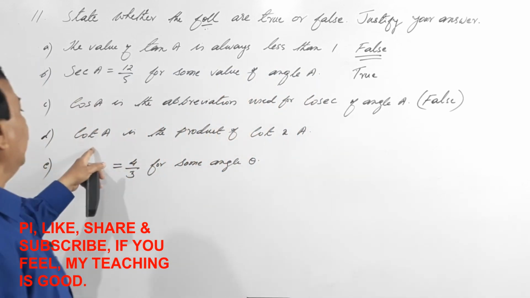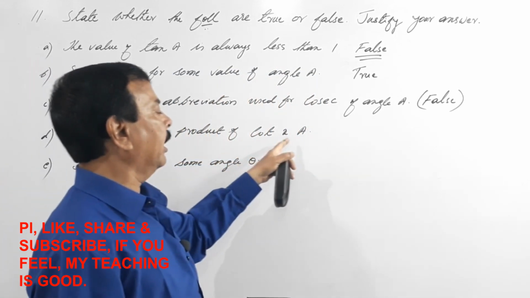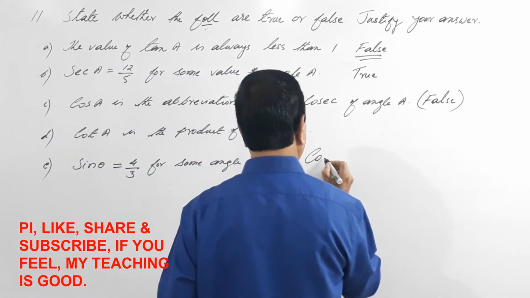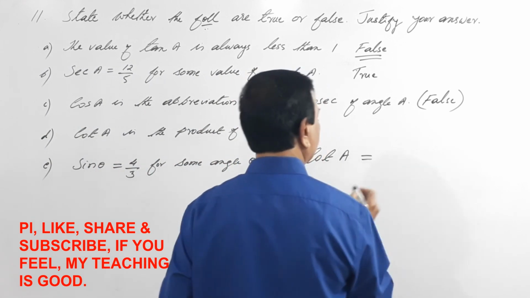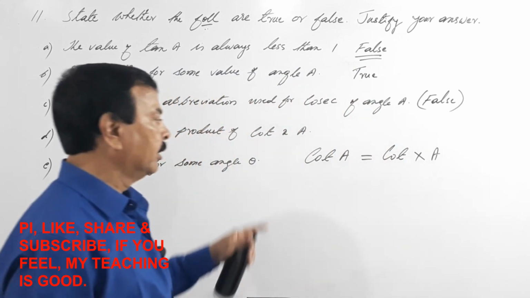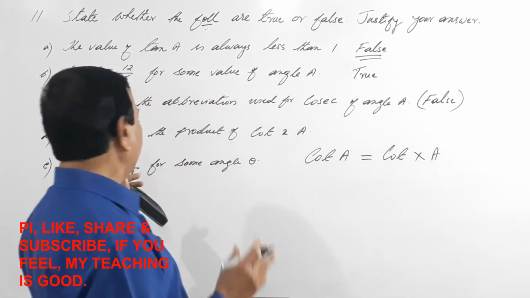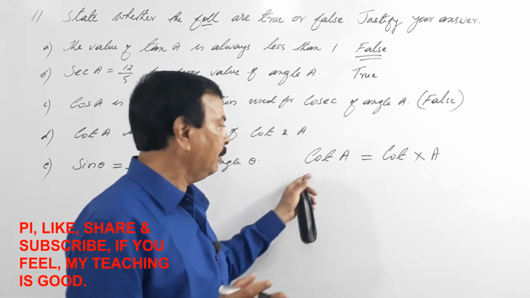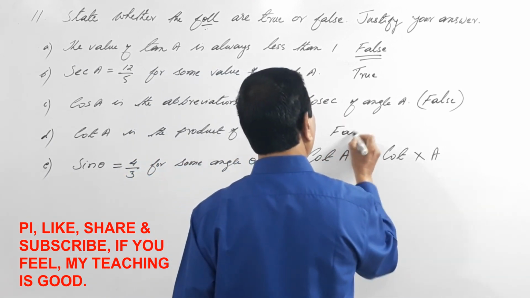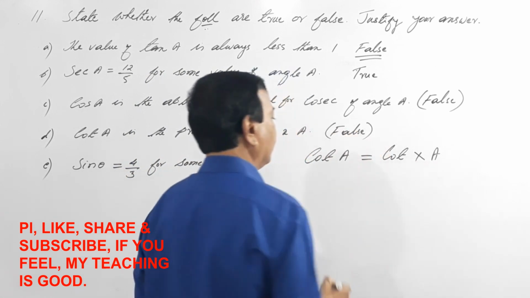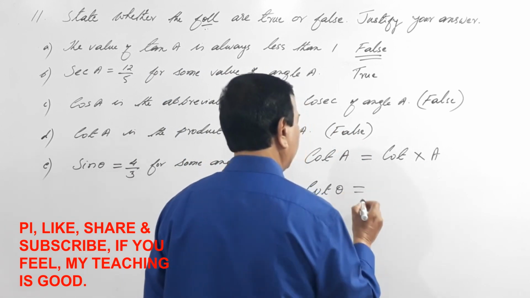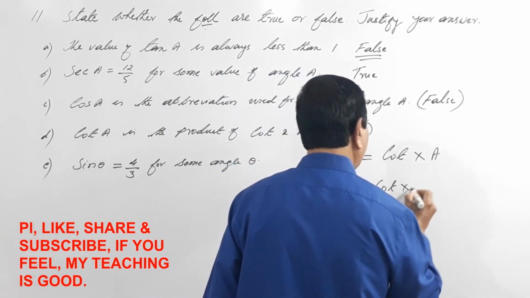And cot A is the product of cot and A. What does it mean? Cot A, he says cot into A. That's what he says. So it is false, because in cot A, this A is nothing but an angle. It cannot be cot into A. That's wrong.